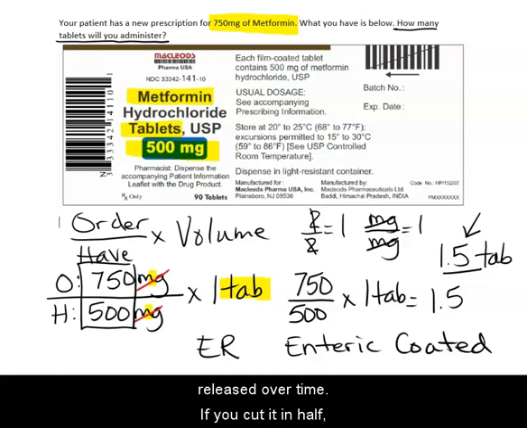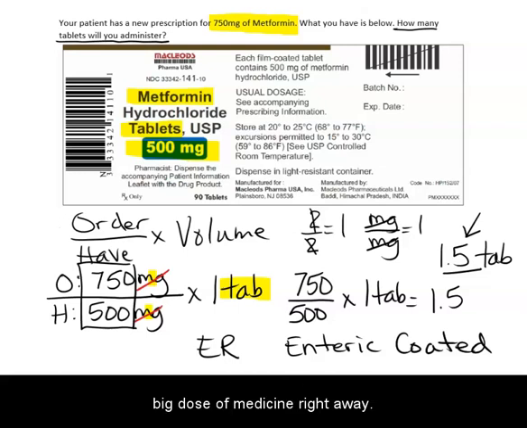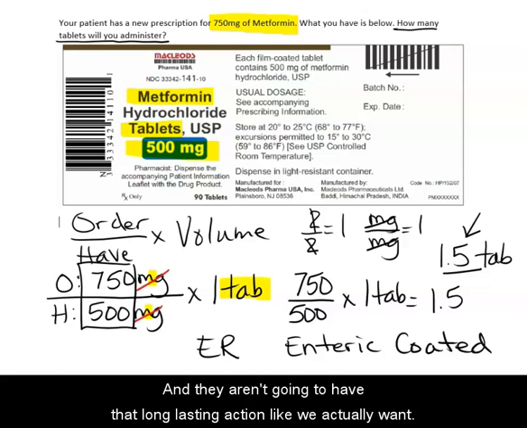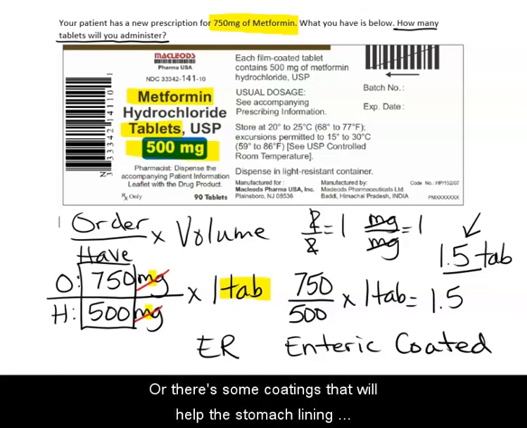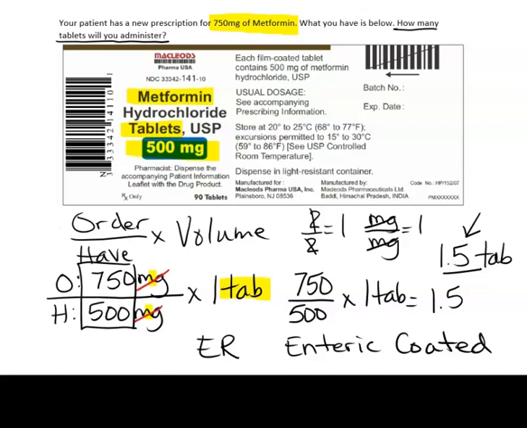Now if you cut it in half, it can dissolve from the middle out, and it's not going to have that slow release like the pill is meant to do. So the patient is going to get a big dose of medicine right away, and they aren't going to have that long-lasting action like we actually want. There's some coatings that will help protect the stomach lining, and so you don't want it dissolving faster, so you don't want to cut those in half.